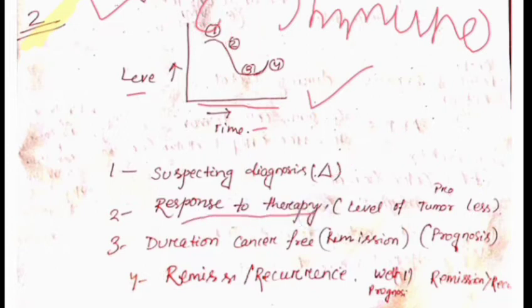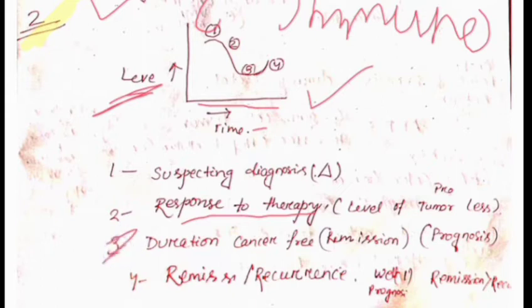Means if the level of the tumor marker is less or more, that shows the response to the therapy. How much biomarker is present, or its slope, tells us what is the response of that cancer. If the biomarker level is down, we can suspect that the therapy is responsive.